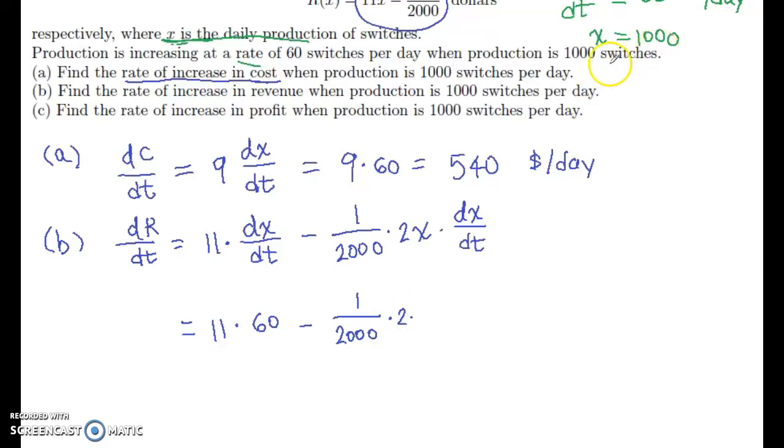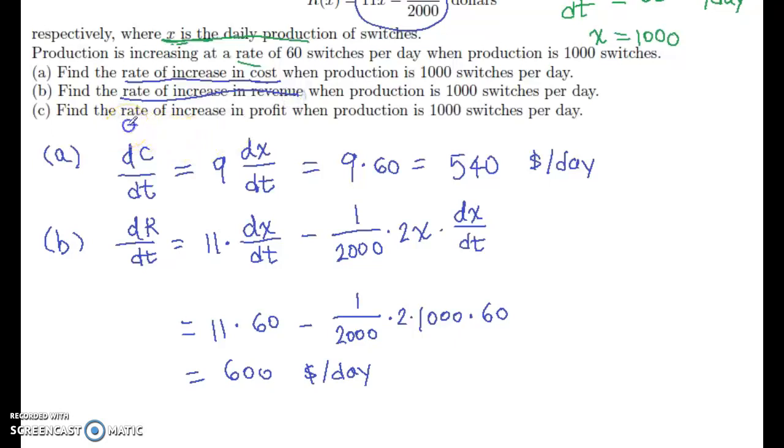What is x? 1000, according to the given condition, times dx over dt, which is 60. So it is 11 times 60 minus 60. So it equals $600 per day. That is the rate of increase of the revenue.